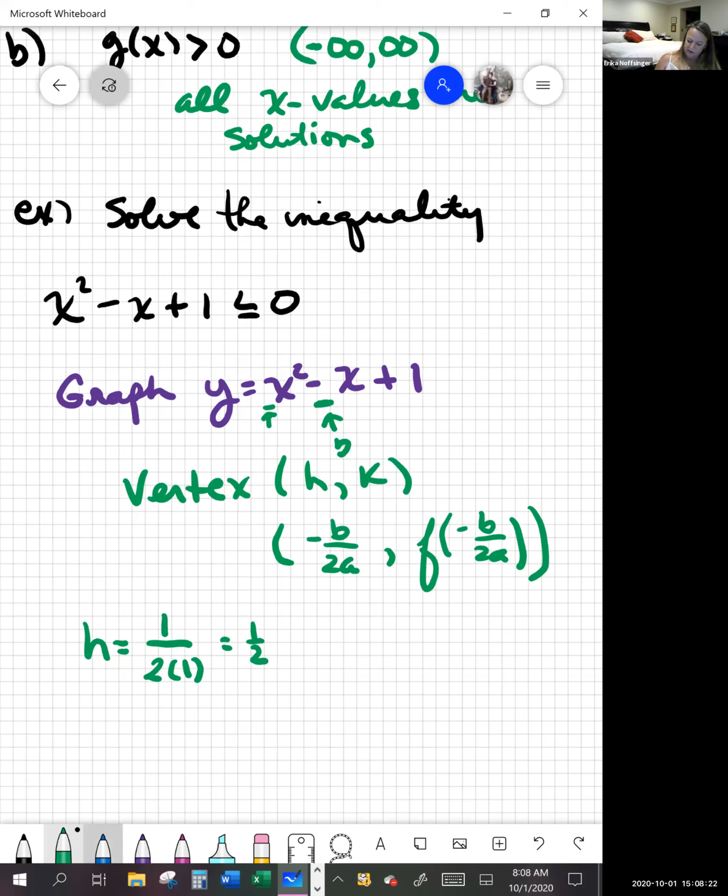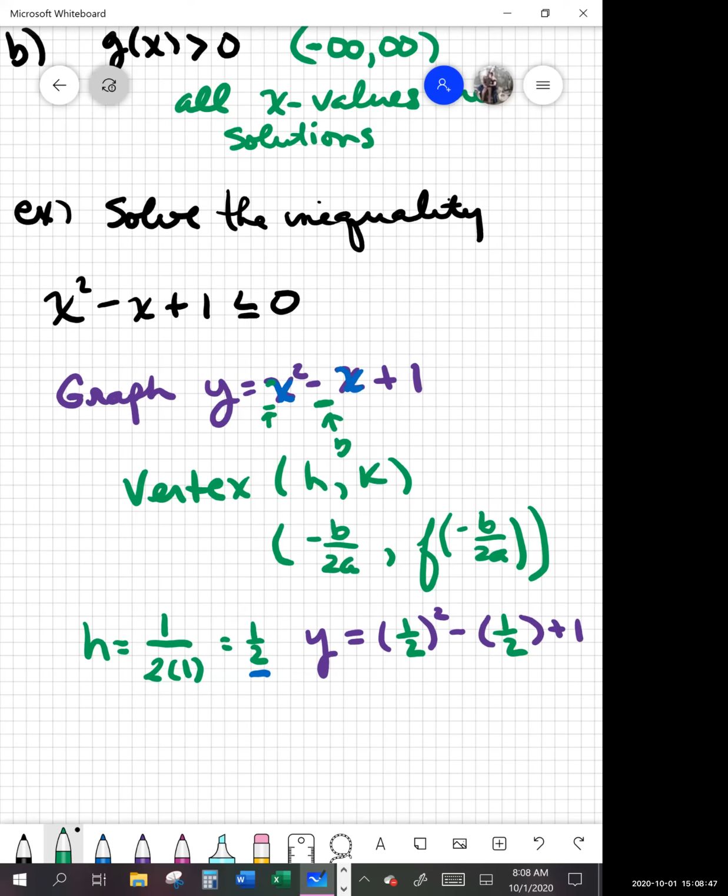And then for k, wherever we see an x in their function, we're going to plug in this 1/2. So we get y is equal to 1/2 squared minus 1/2 plus 1.